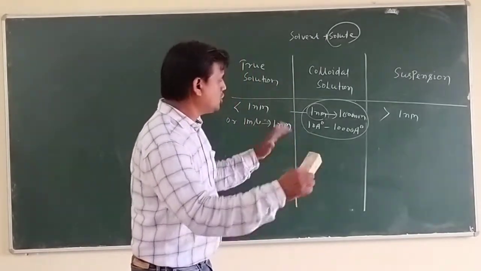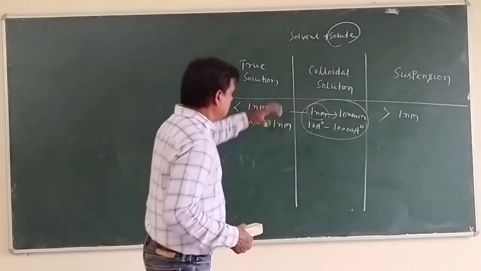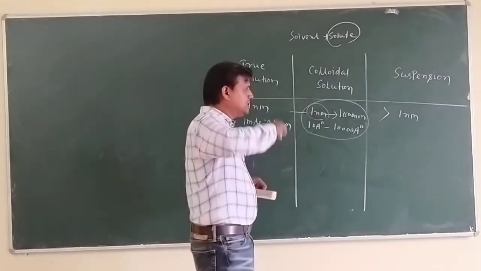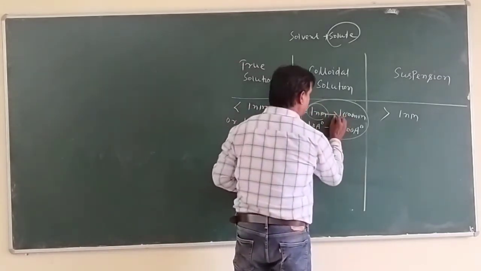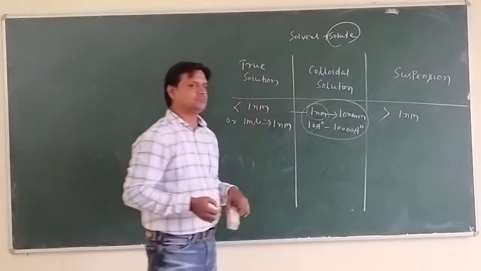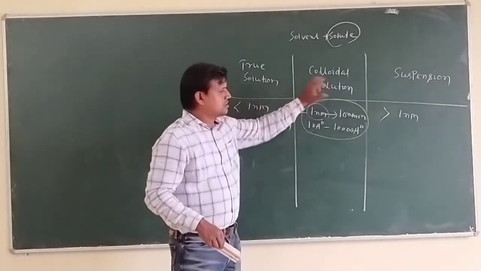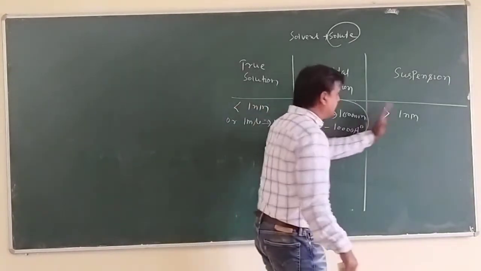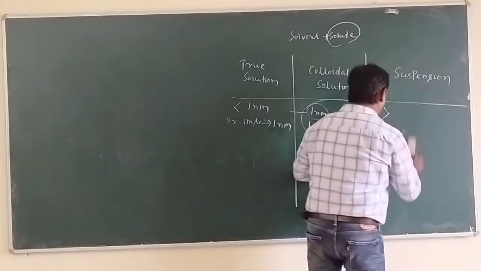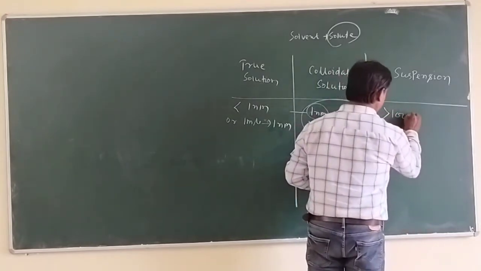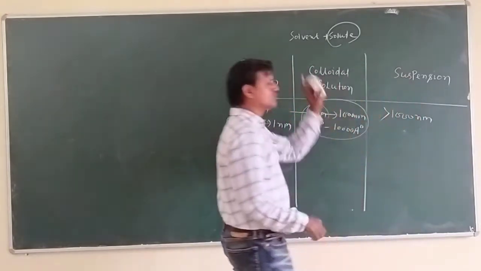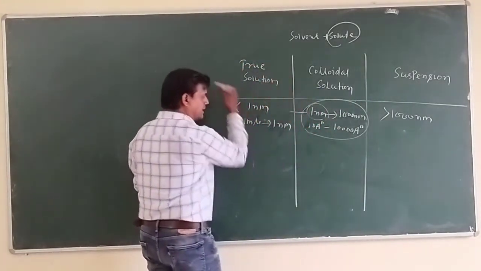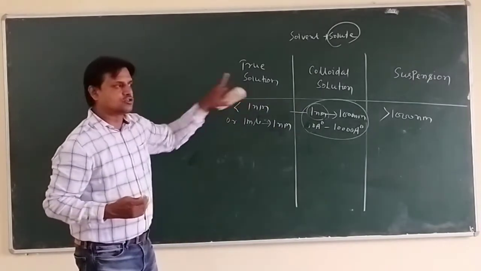So let us again discuss the solute particle range. Depending upon the solute particle range, we have three types of solution. If the size of the solute particle is between 1 nanometer and 1000 nanometer, it is called colloidal solution. If the size range is greater than 1000 nanometer, it is called suspension. If it is less than 1 nanometer, it is known as true solution.